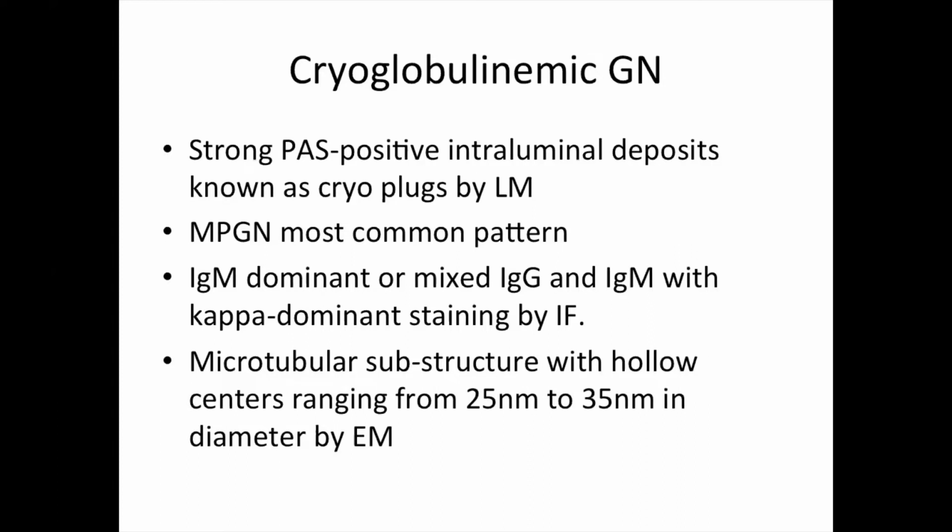The causes of cryoglobulinemia يعتمد على حسب التايب. Type 1 mostly has to do with hematological disorders, multiple myeloma, Waldenstrom, and they tend to be monoclonal.